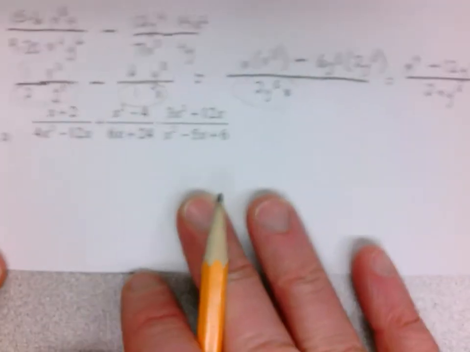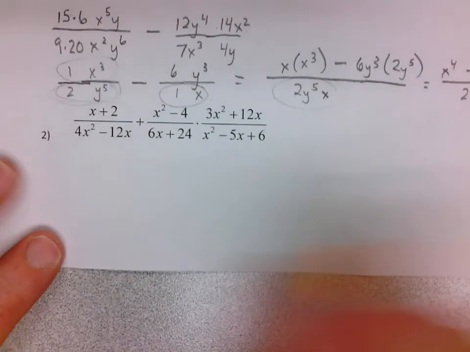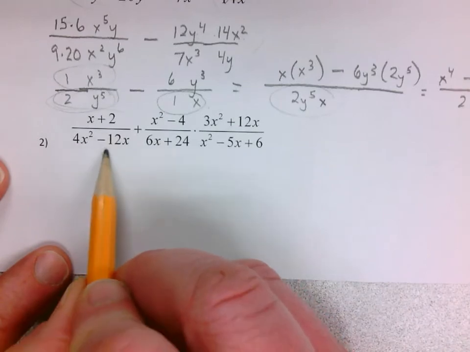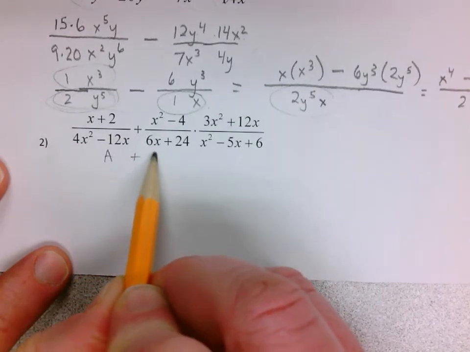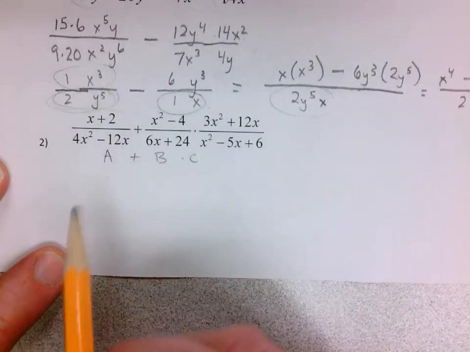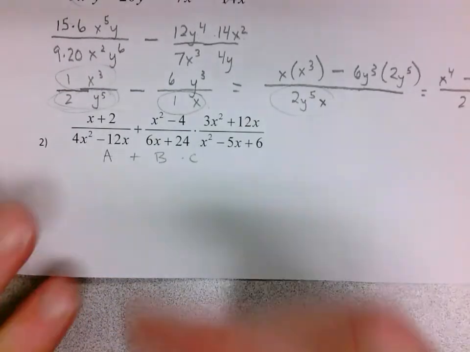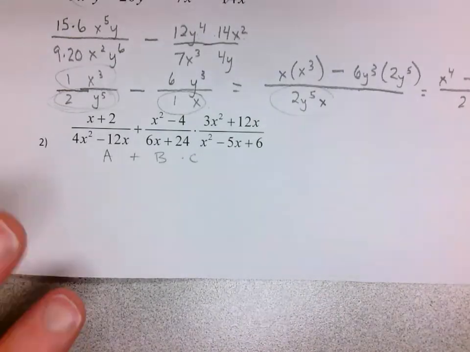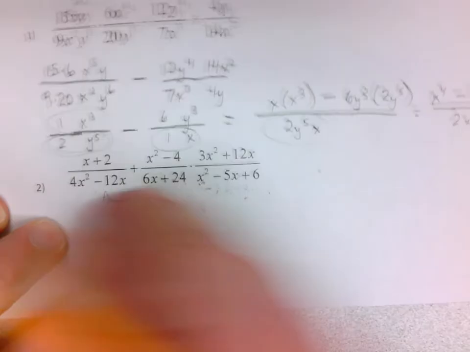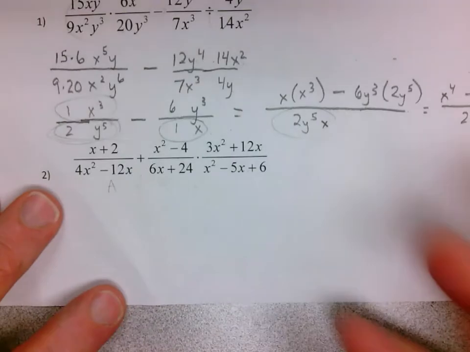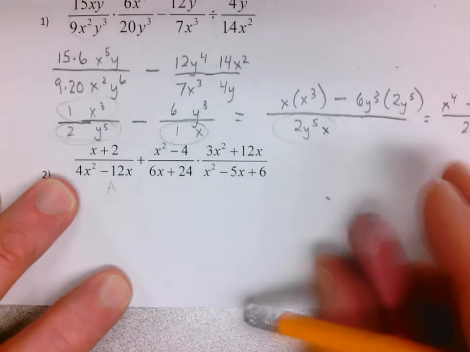Okay, we'll do one more on this video, then we'll go to the next side. So, again, I'm thinking about this as A plus B times C. So I know I need to do the B times C part first, and then I'll come back and get to the A. But I'm going to factor as I go.